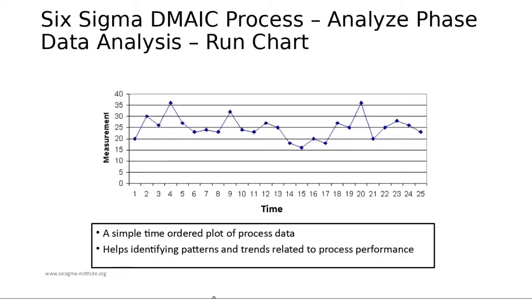What is the difference between a run chart and a control chart? The run chart identifies the patterns and trends in the process, but doesn't have an upper control limit, doesn't have a lower control limit, doesn't have a center line. It is just plotting the data to show the trends.